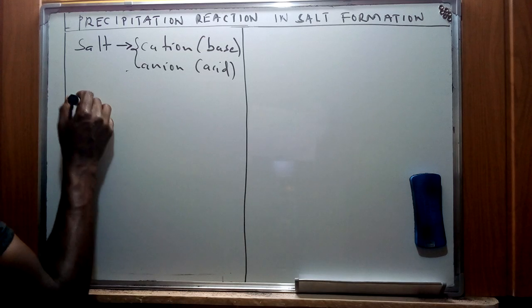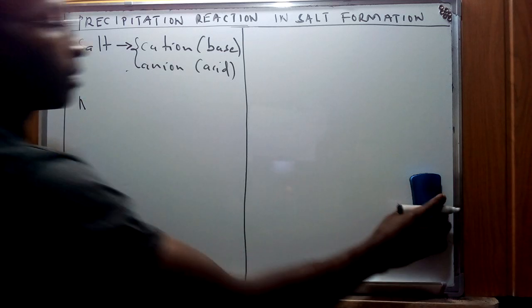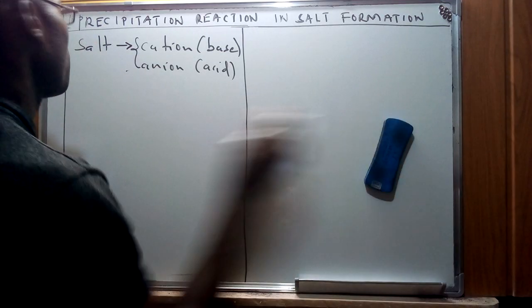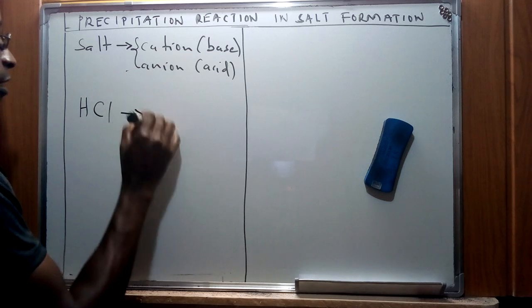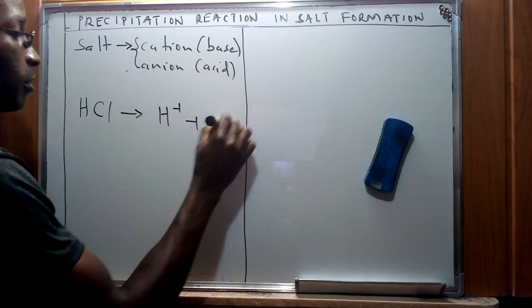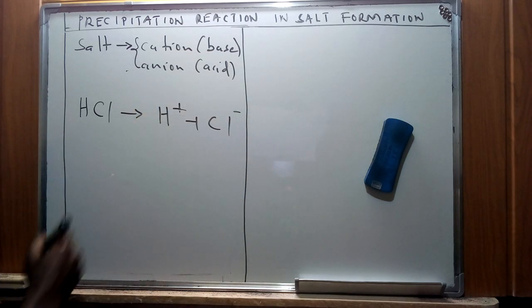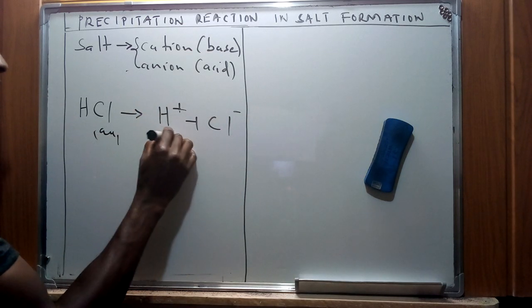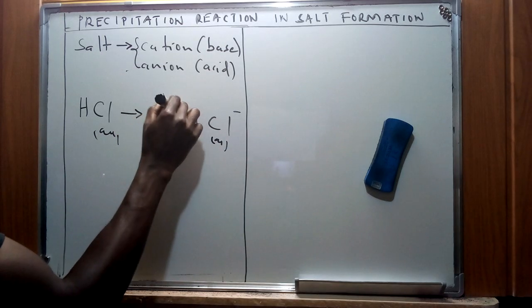For instance, we are going to give an example of, let's say, this is an acid, HCl. You see this one in ionic form is going to form these particular ions. So this is HCl acid in aqueous form. It's going to form these ions which are present.